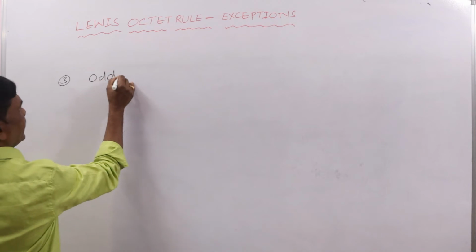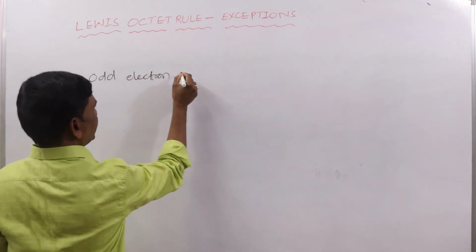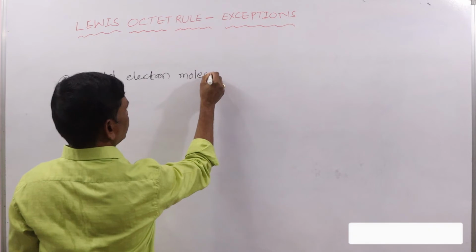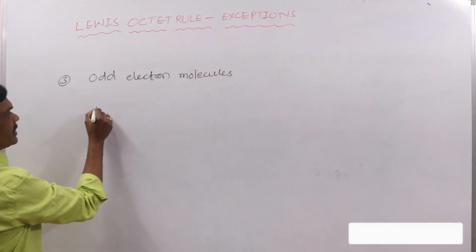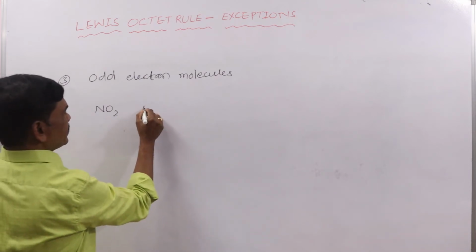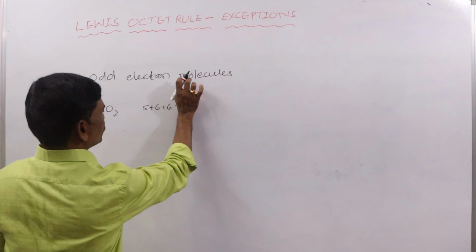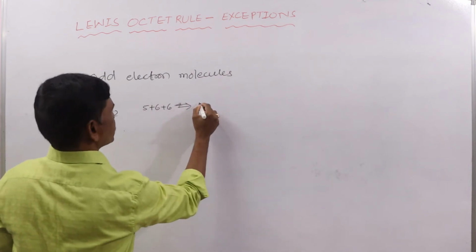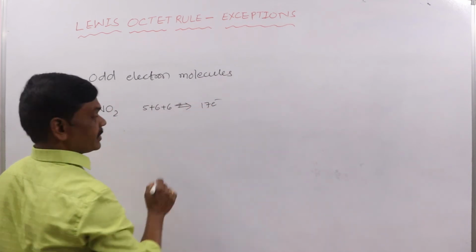So odd electron molecules. In odd electron molecules, first is NO2. Nitrogen 5 electrons, 2 oxygen 6 plus 6, so 12, total 17 electrons.